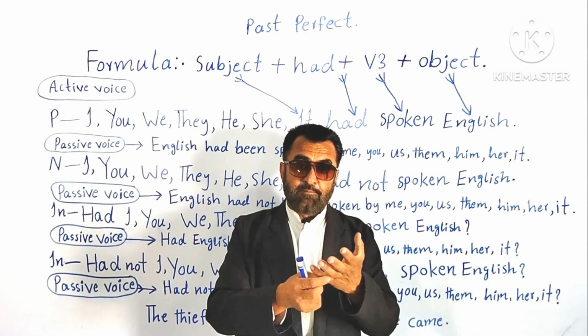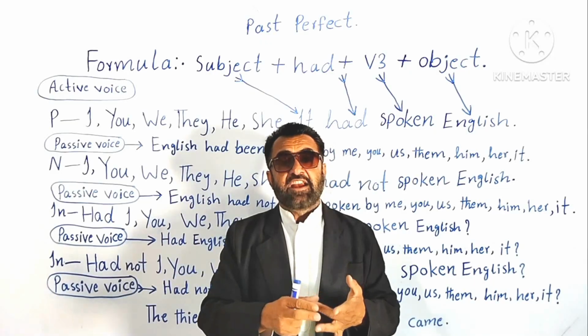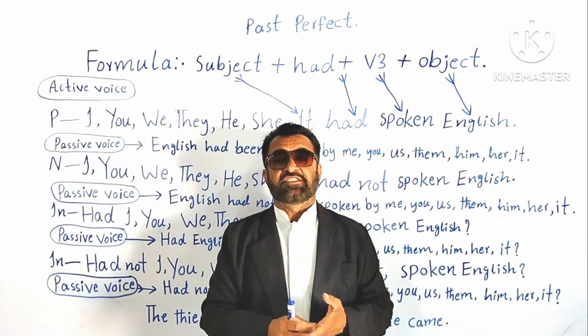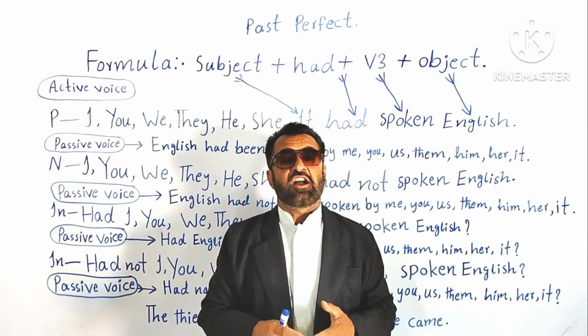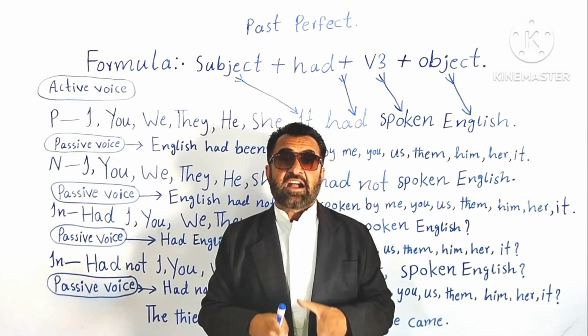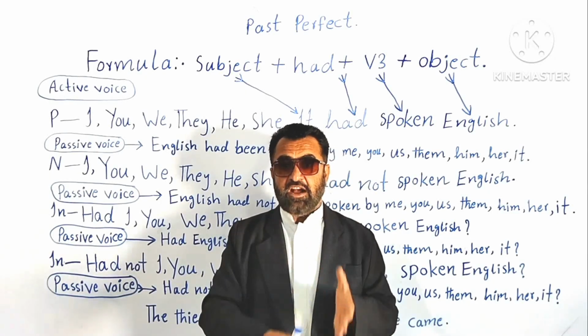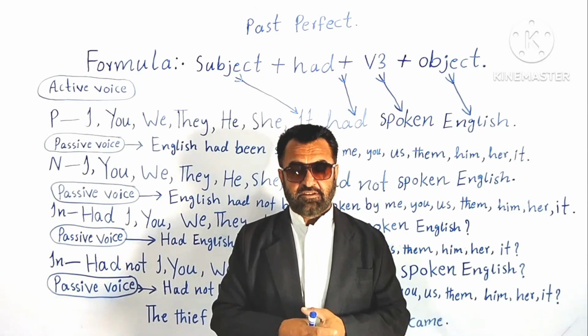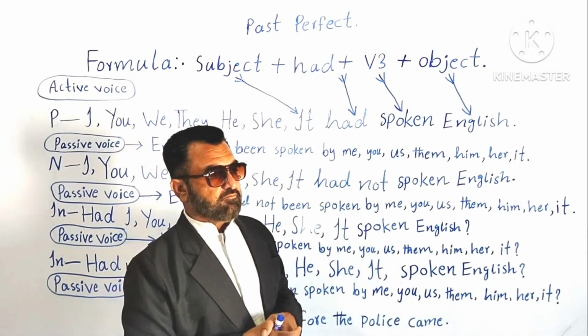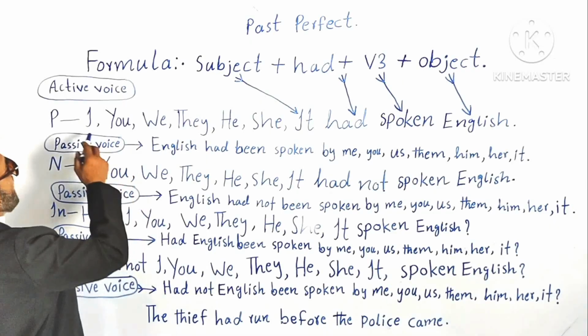First one is positive sentence, second one is negative sentence, third one is interrogative sentence, and fourth one is interrogative negative sentence. Understood? These are the kinds of the sentence, means parts of sentence or aspects of the sentence. Understood? Now let's read the sentence.